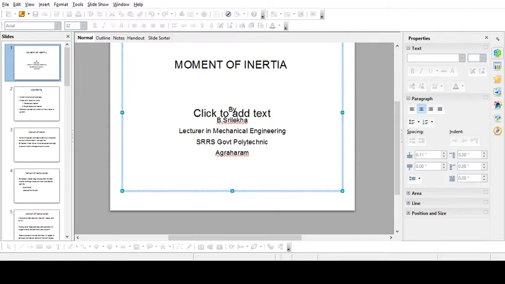Next is the perpendicular axis theorem. If Ixx and Iyy are the moment of inertia of a lamina about mutually perpendicular axes xx and yy in the plane of the lamina, then the moment of inertia of the lamina about the z axis, normal to the plane of the lamina and passing through the point of intersection of x and y, is given by Izz equal to Ixx plus Iyy.